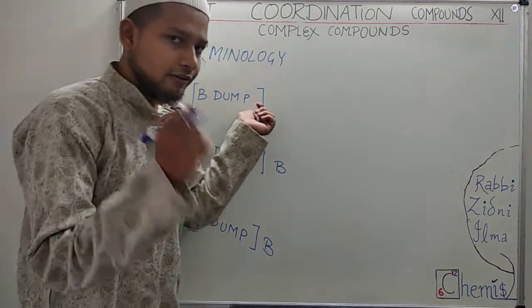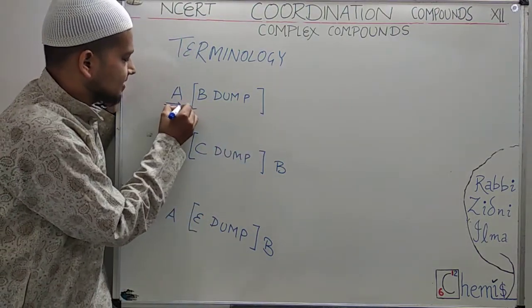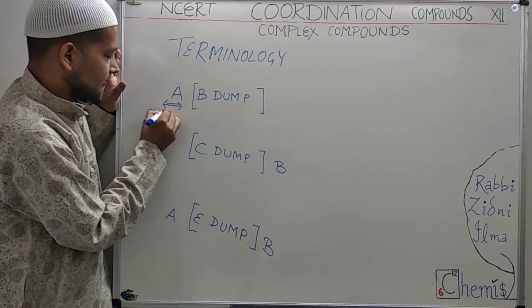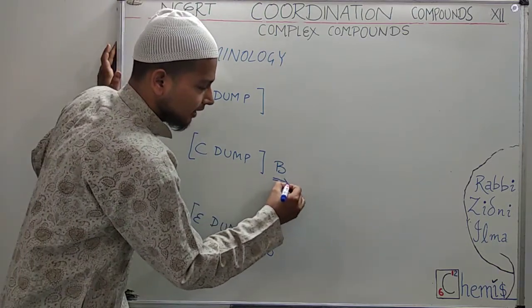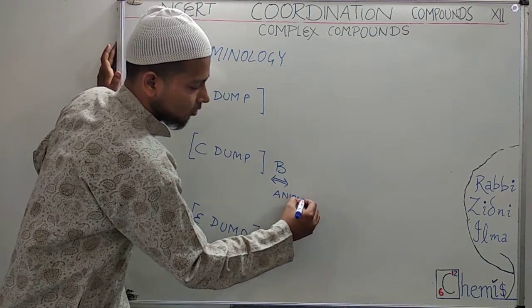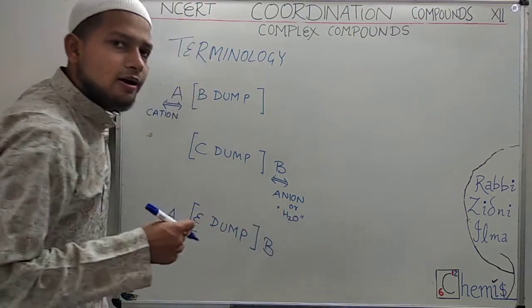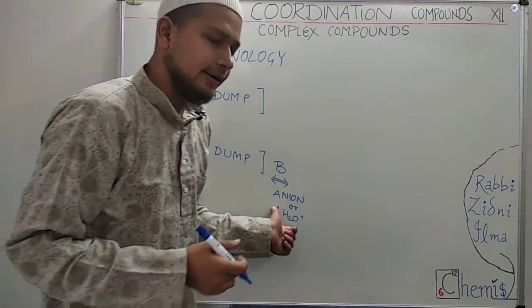Now if you look here, the species present on the extreme left outside this bracket will be our cation, and any species present to the extreme right of the square bracket will be our anion, or it can be a water molecule in the form of water of crystallization. So left side cation, right side anion.